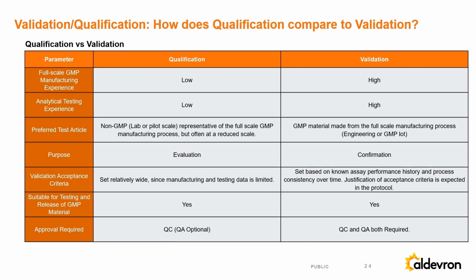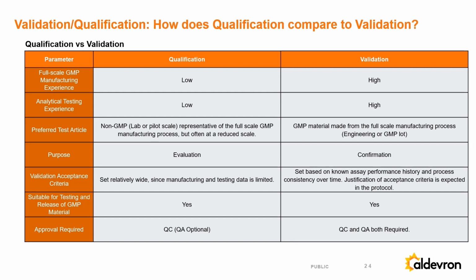And so once we have this qualification and we have a qualified method in place, we start data collecting, right? We gather data. We typically, for qualifications, set wider criteria. And again, this is aligned with industry. And it's important to distinguish this suitable or not suitable to test GMP material, qualification versus validated method.